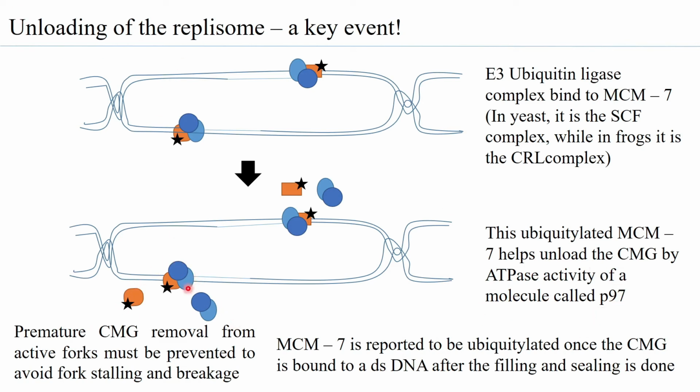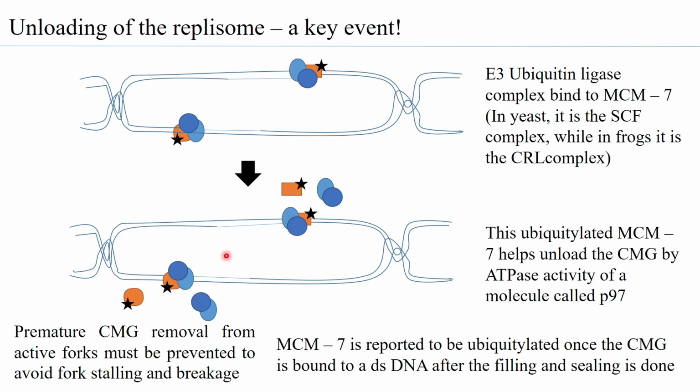Now, all the other molecules that are associated with the DNA helicase or the CMG helicase automatically, without any other exogenous molecule present, just simply disassemble from the CMG helicase complex. And therefore, you will find that the entire replisome machinery is now dissociated.